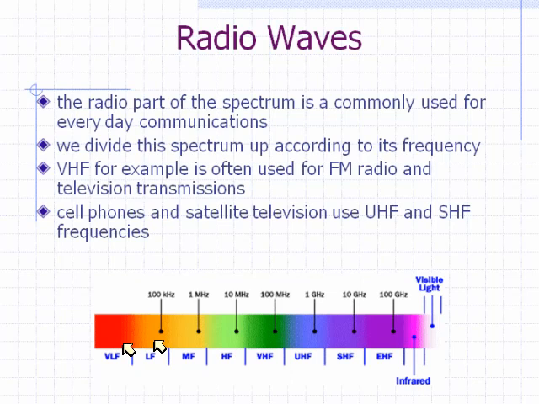Lower frequencies, same thing. Actually, LF and MF, low frequency and middle frequency waves, are generally used in the part of the radio spectrum that people don't pay much attention to anymore, and that's amplitude modulation, or AM radio.